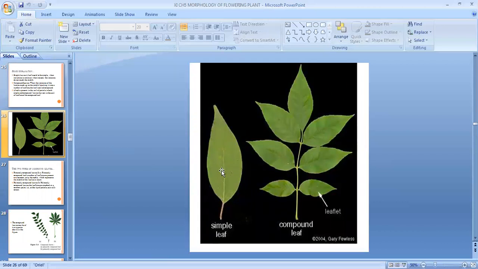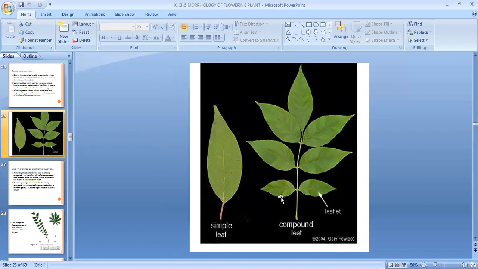A leaf is said to be simple when its lamina is entire, and even if there is incision, this incision does not touch the midrib. Then you call it a simple leaf. A simple leaf will always have a petiole, as well as stipules at the base.